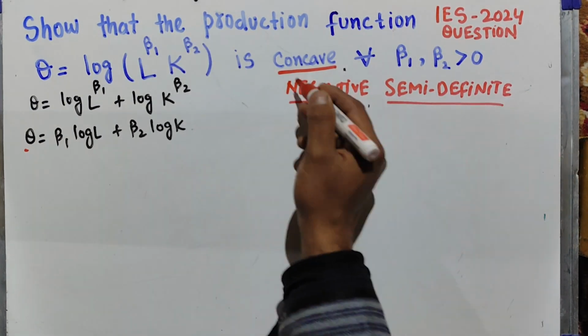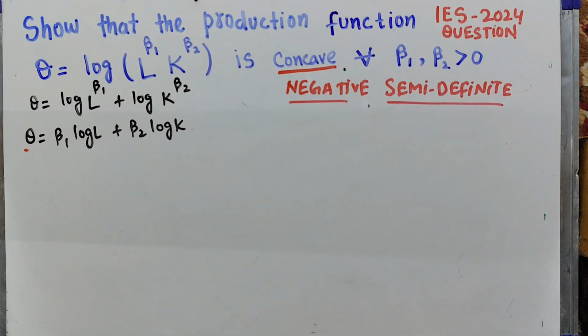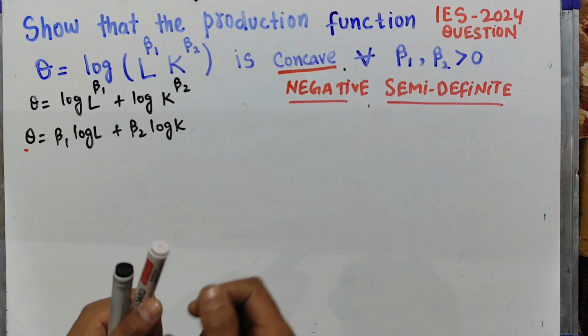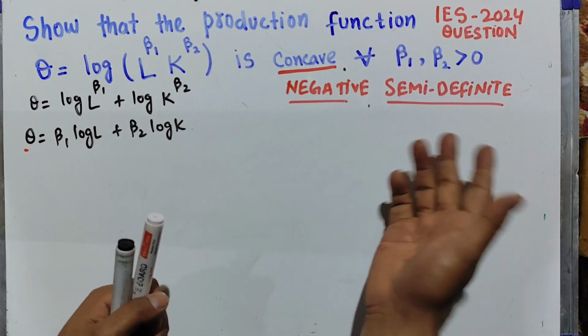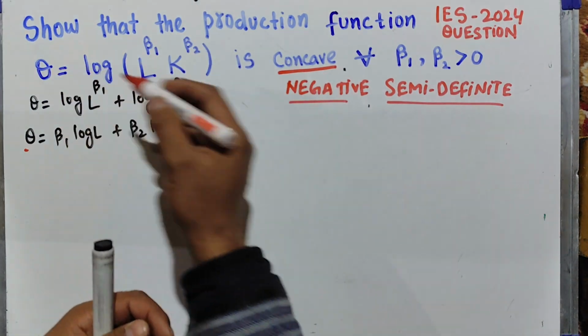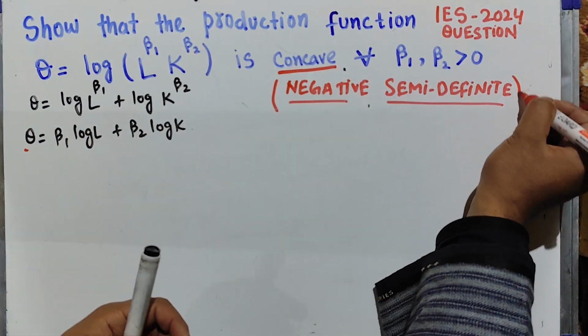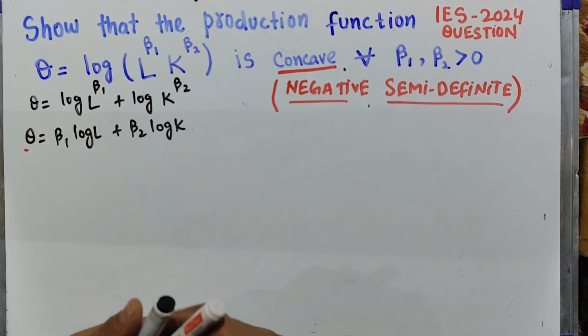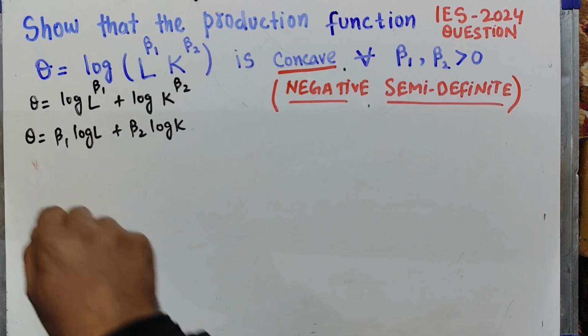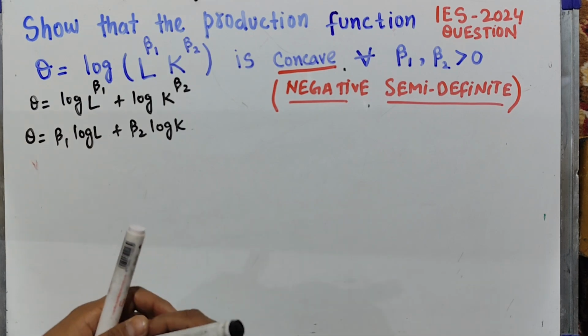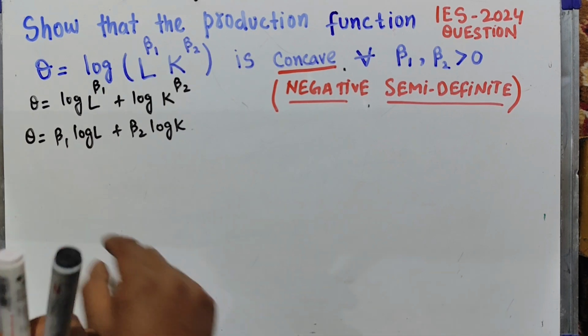So to prove that the given production function is concave, I need to prove that it is negative semi-definite. Not this production function, but the matrix that I will be constructing. Okay, so first thing is, to prove whether it is concave or convex, I need to form a Hessian matrix.